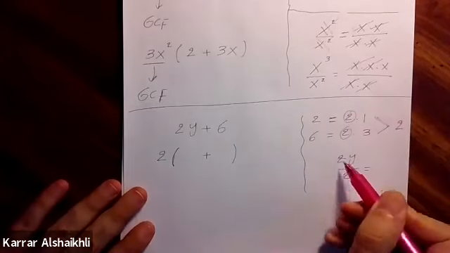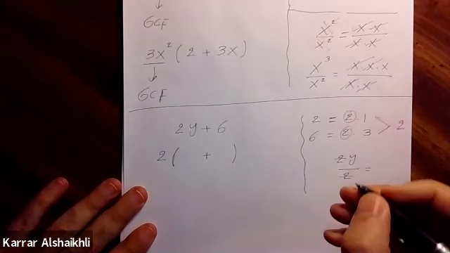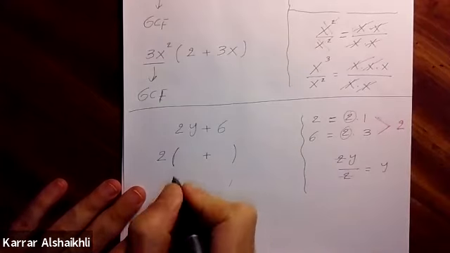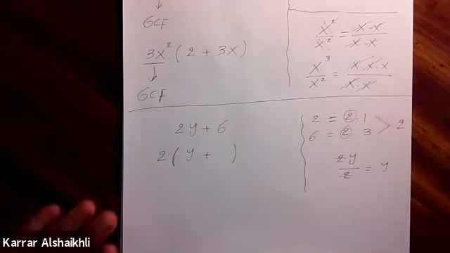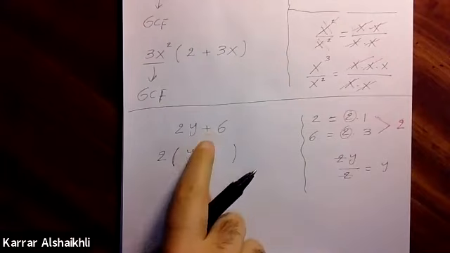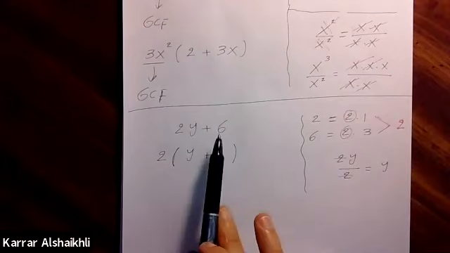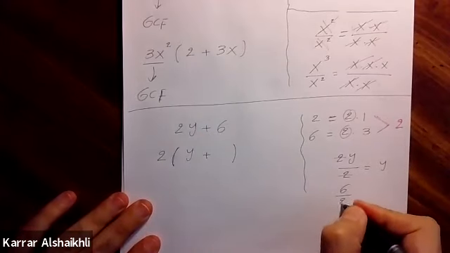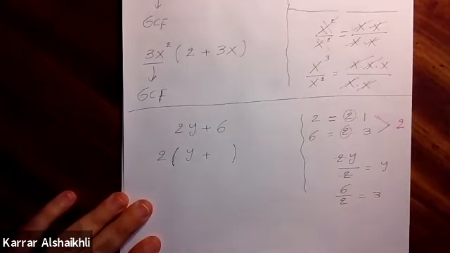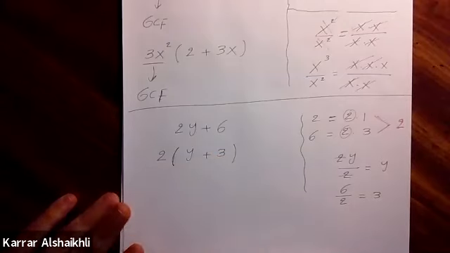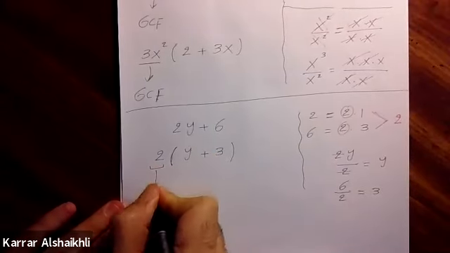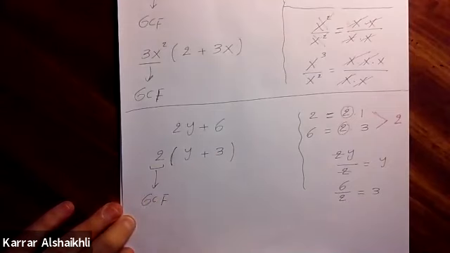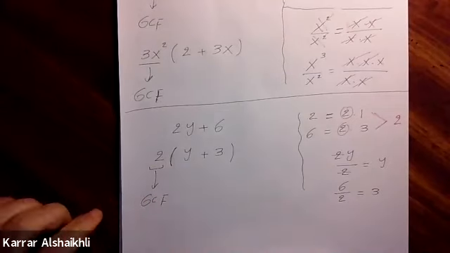We're going to cancel the 2's and the leftover is going to be y. So I'm going to write down y on this side. Here's the plus sign. Now tell me, 6 divided by 2 is going to be 3. So I'm going to write down 3 here. This is the GCF, and this is the leftover.